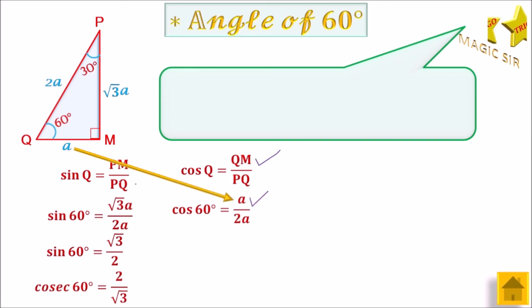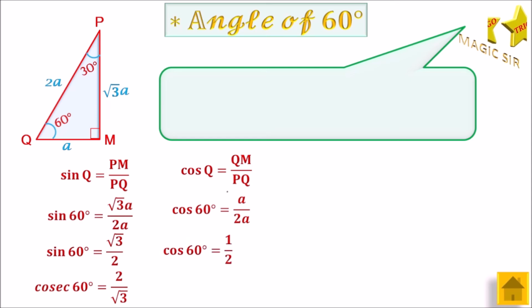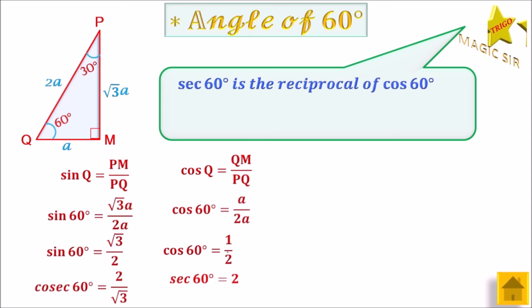Side adjacent to angle Q, MQ is equal to a, and the hypotenuse PQ is equal to twice a. So we have cos 60 is equal to a upon twice a. By simplifying, we get cos 60 is equal to 1 upon 2.